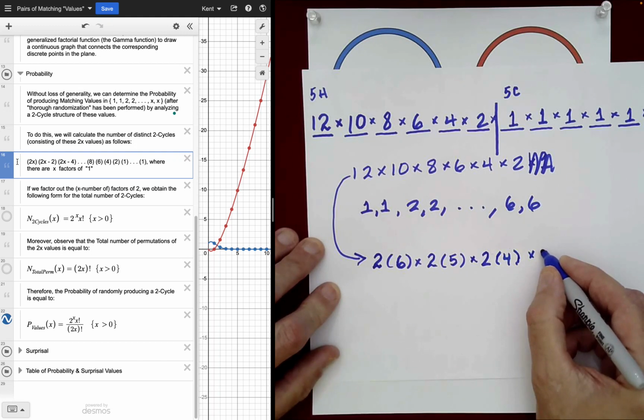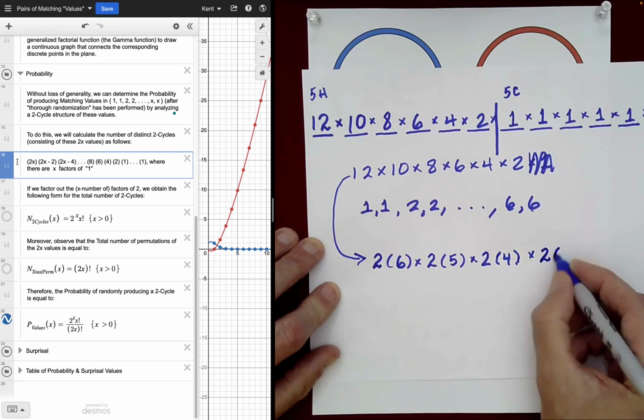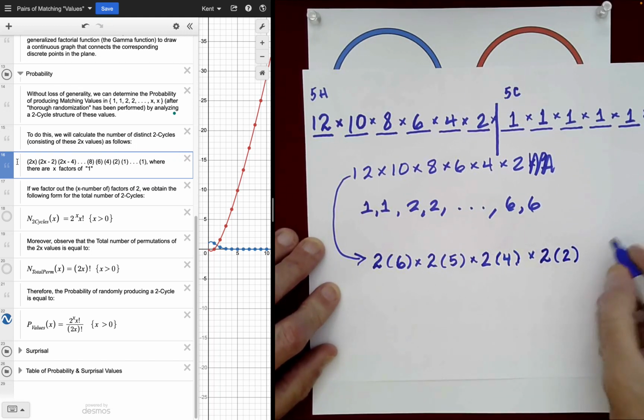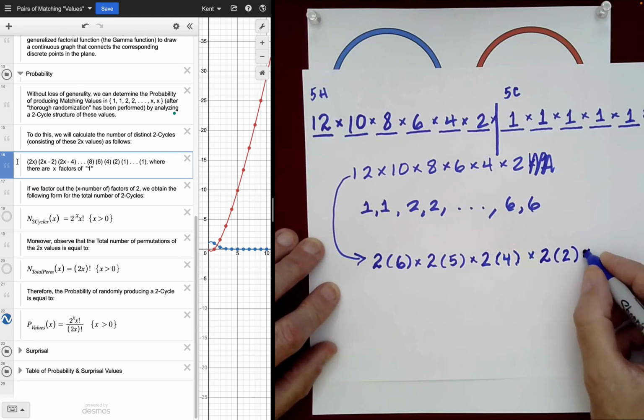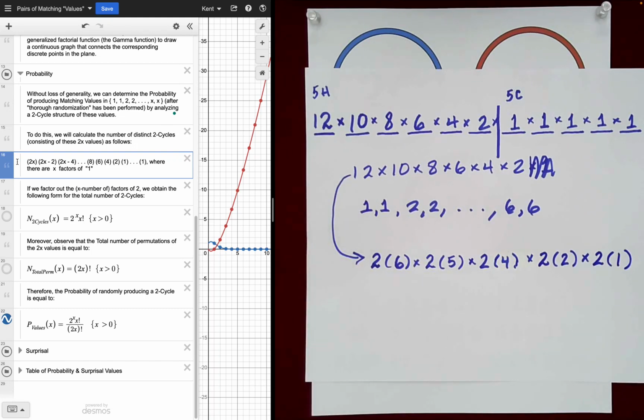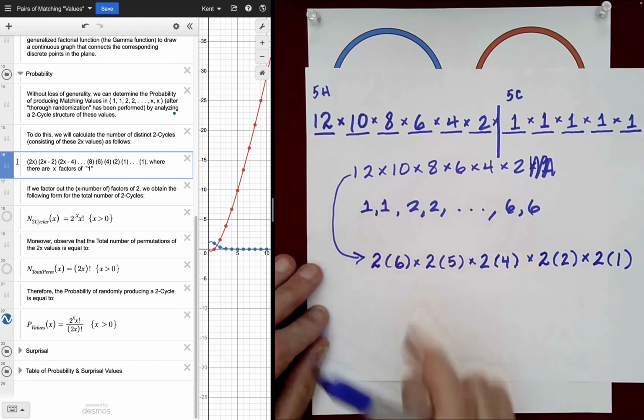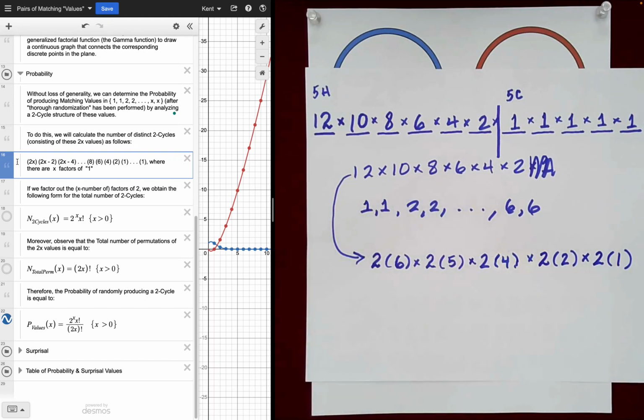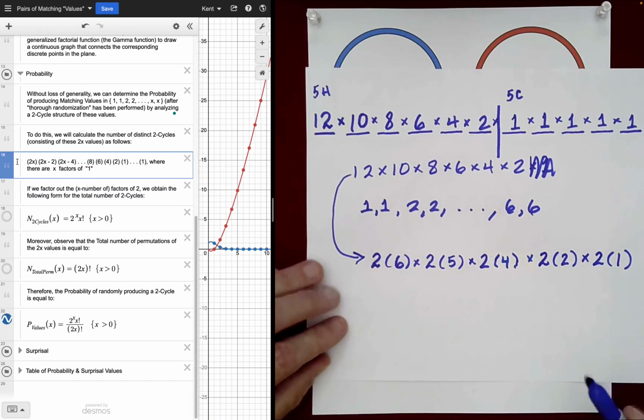And then, of course, 4 is equal to 2 times 2. And finally, 2, of course, can be written as 2 times 1. So all I have done is I've just factored out 2 from each of the factors in that string of 6 numbers.